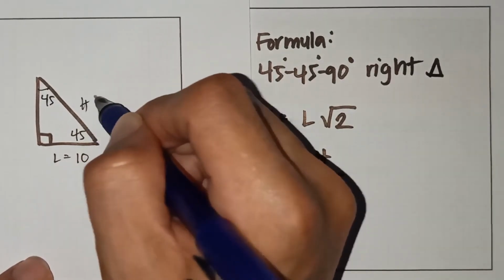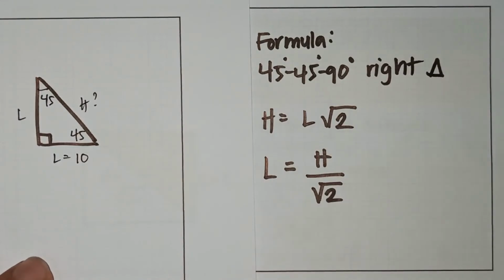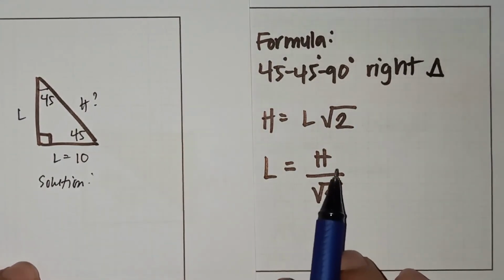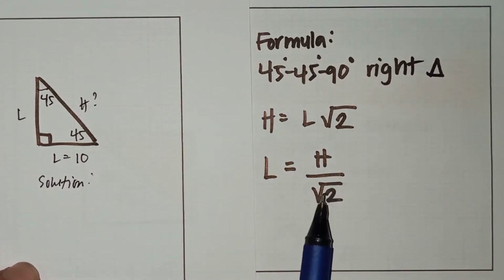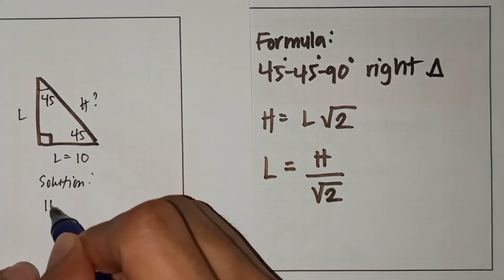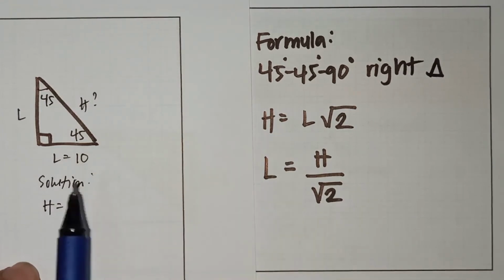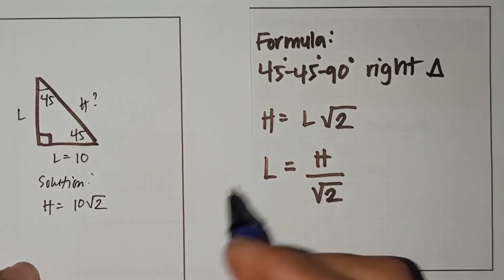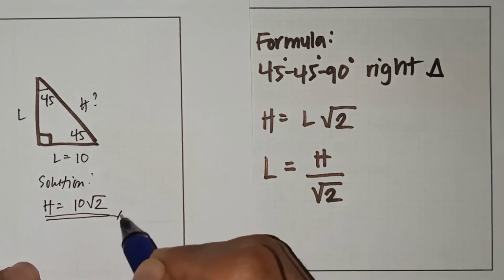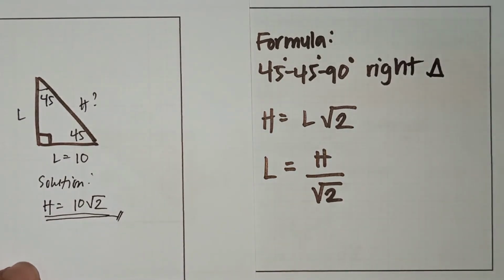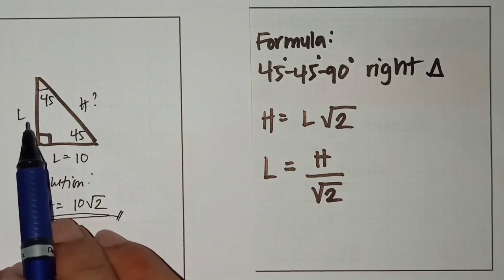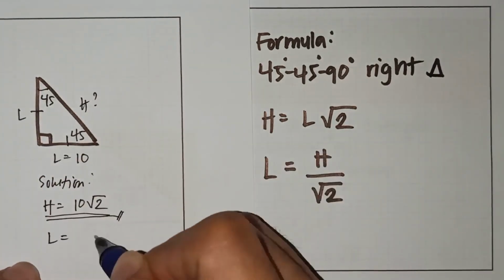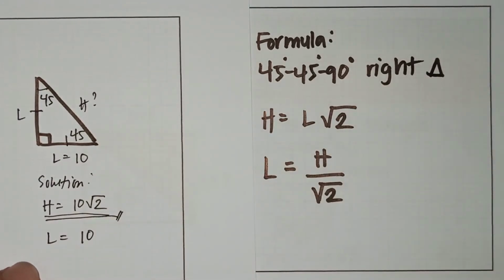What is the hypotenuse and the other leg? So this is the solution. Applying the formula, we're looking for the hypotenuse. The given leg is 10, so 10 square root of 2. That is the hypotenuse. And as we get the other leg, since the two legs are equal, the other leg is also 10.